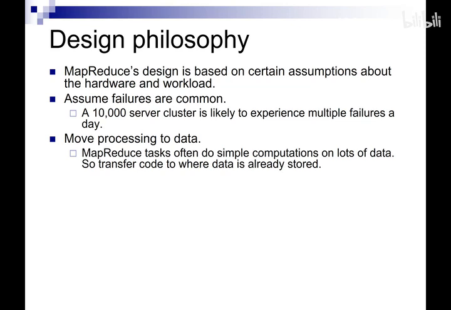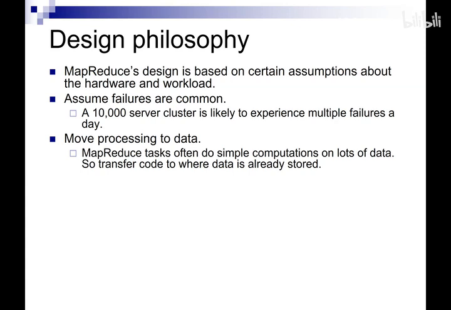Since all we want to do is scan through this data once, because many MapReduce jobs simply need to scan through the data a single time or a few times, it doesn't make sense to move this data around. It's much better to keep the data where it is. If the data is sitting in the hard disk of some computer, we're not going to ask that computer to transmit the data somewhere else.